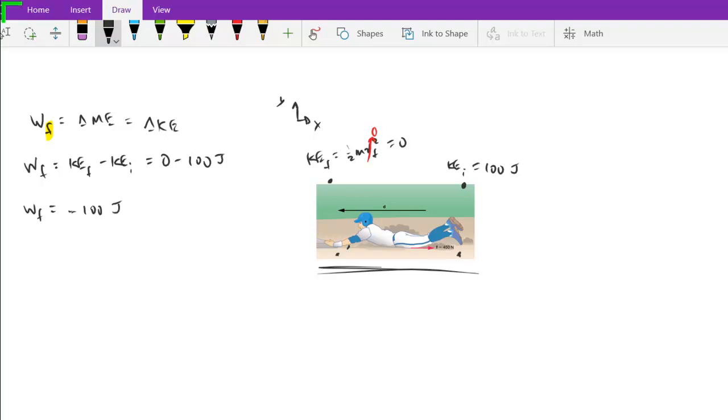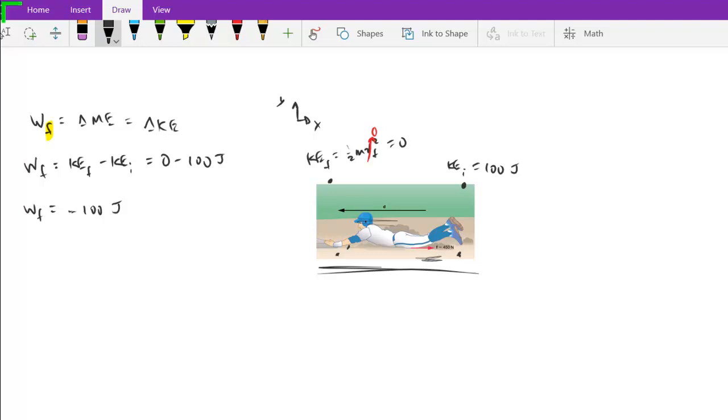And now friction will always do negative work, right? Because it will always be in the opposite direction of the displacement. So we have friction off to the right. If we were to calculate this, the frictional force is positive times the displacement is negative, we would have a negative work.